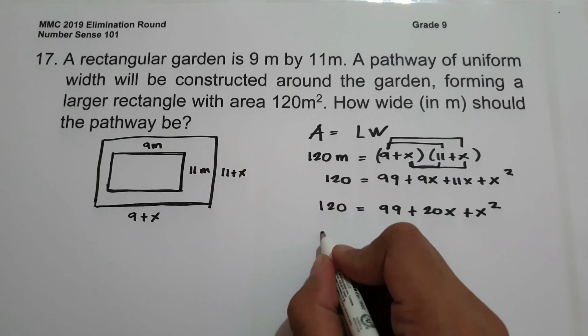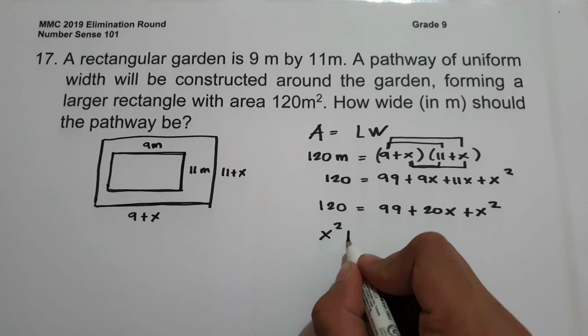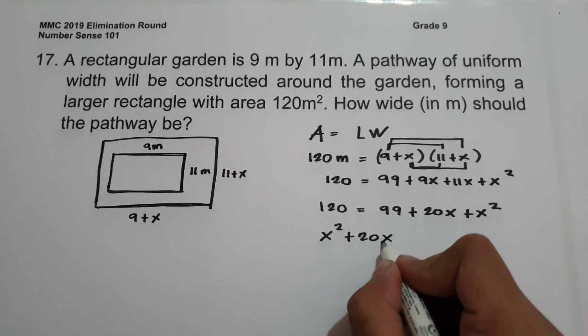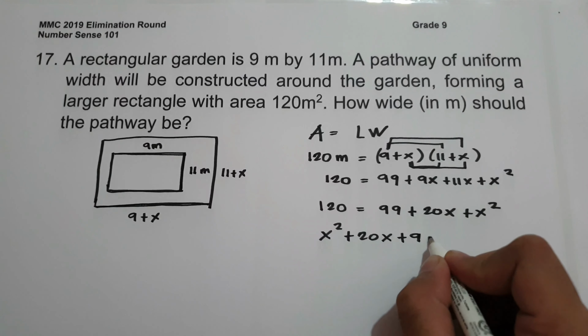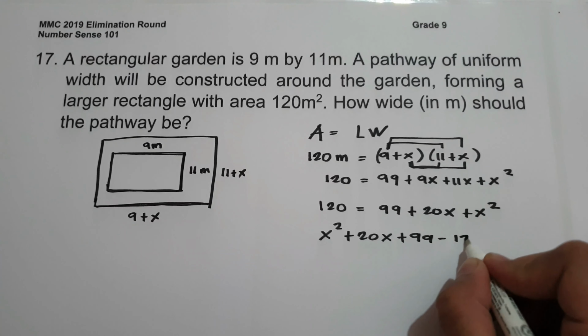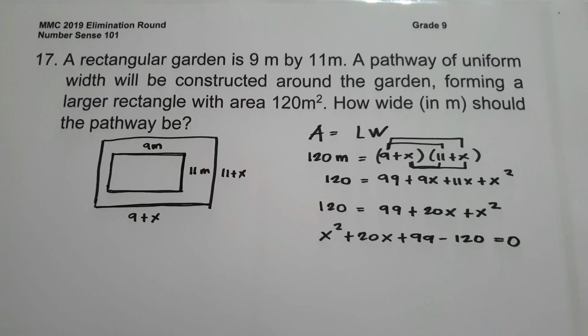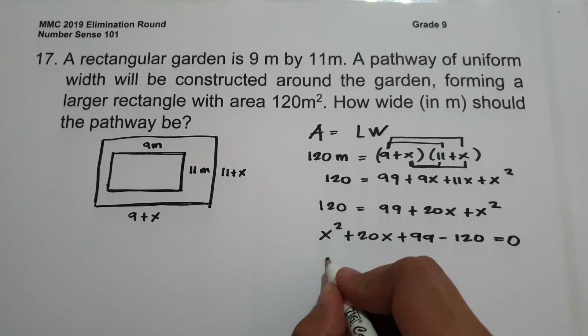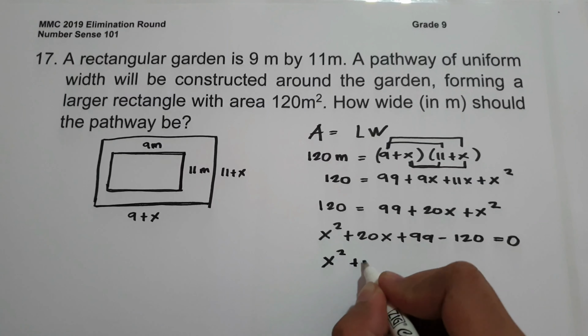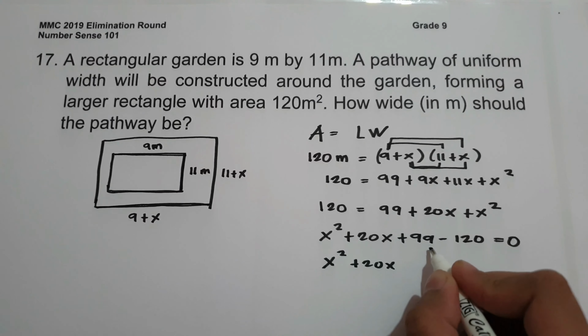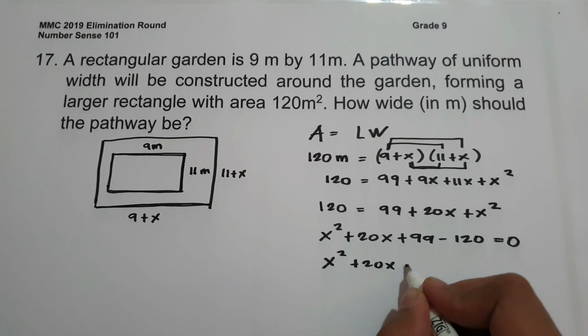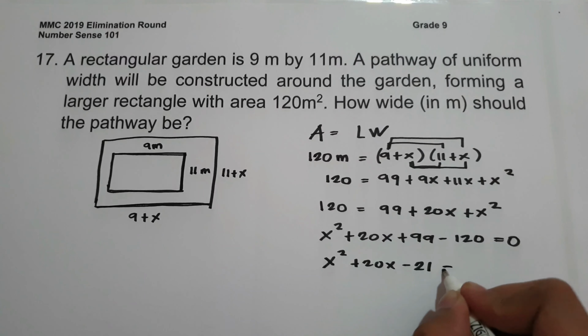It will give us x squared plus 20x plus 99 minus 120 equals 0. Then let us simplify. We have x squared plus 20x, 99 minus 120, that is negative 21, equals 0.